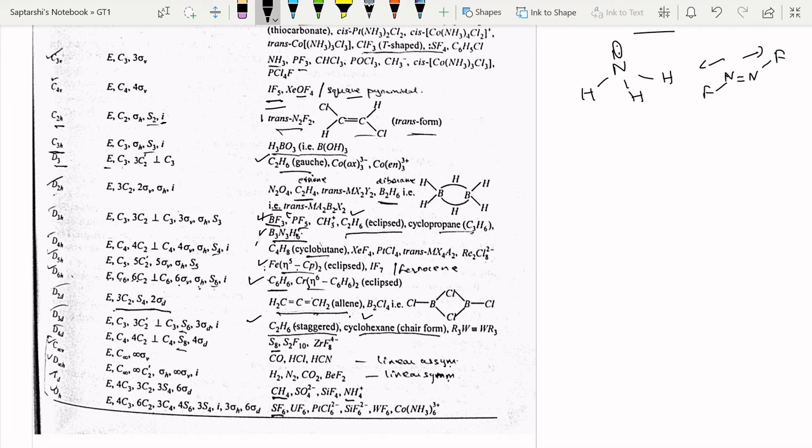and methane takes tetrahedral and SF6 takes octahedral point groups, right? These are some linear systems. As I said, these take the C infinity v and D infinity h point groups. So this was the application part of the knowledge we learned before, and you have to see it for yourself, practice for yourself. I have told you the famous examples as well.